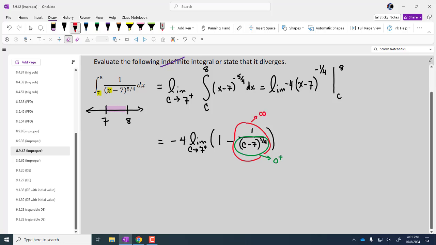So 1 minus infinity is approaching negative infinity. So this whole thing is going to negative infinity, which means the overall limit is positive infinity because we have a negative times a negative. So this will be positive infinity, aka just infinity.